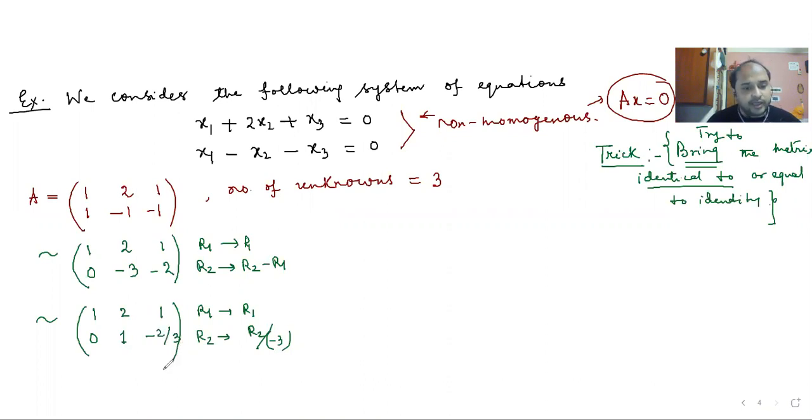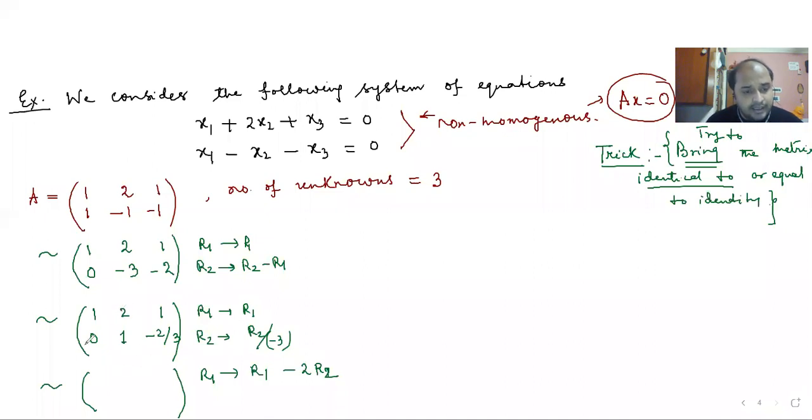That much we can do. And if you want to do further, we can at least multiply R2 by 2 and subtract 2R2 from R1. R1 minus 2R2.